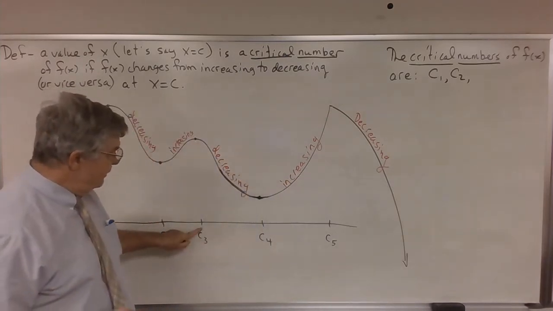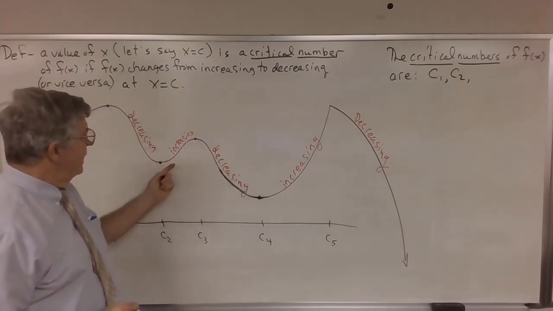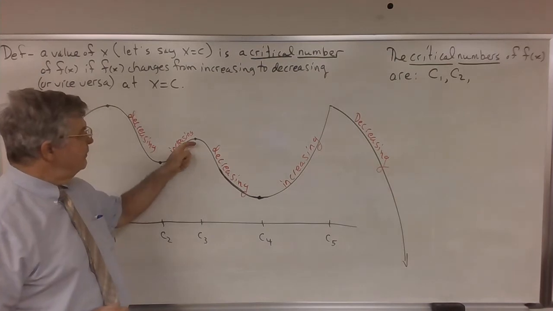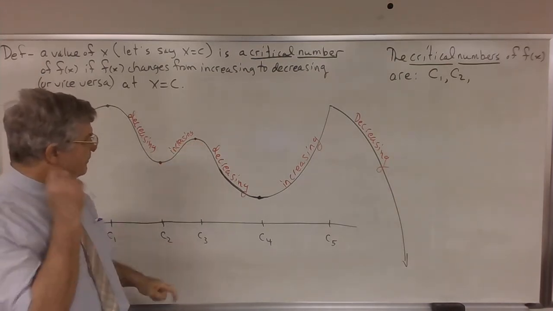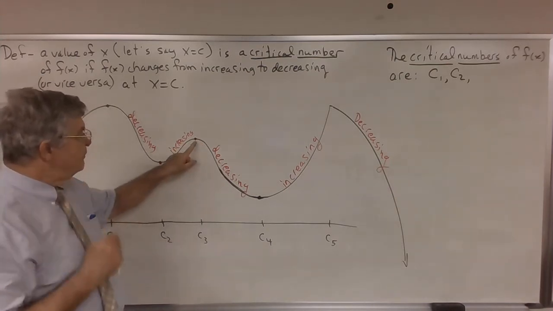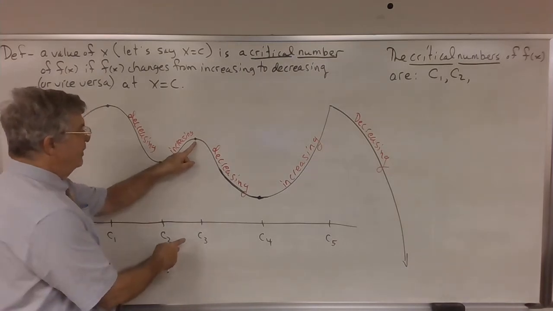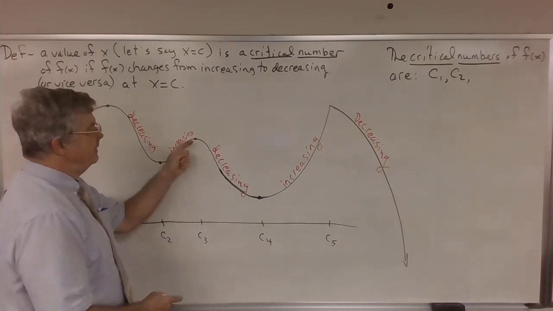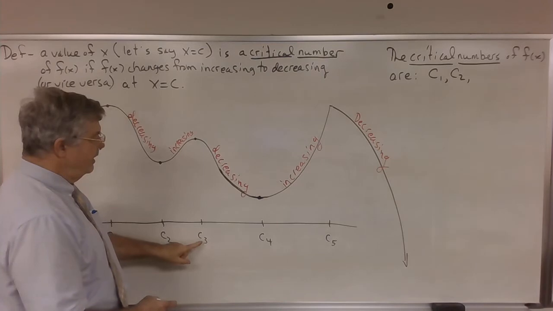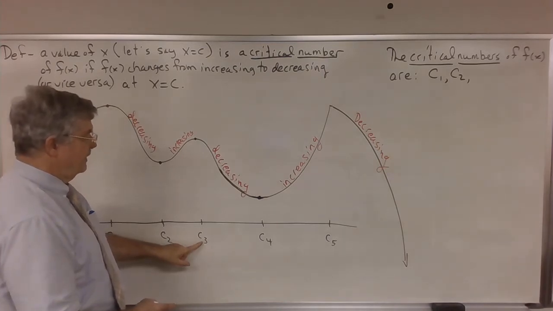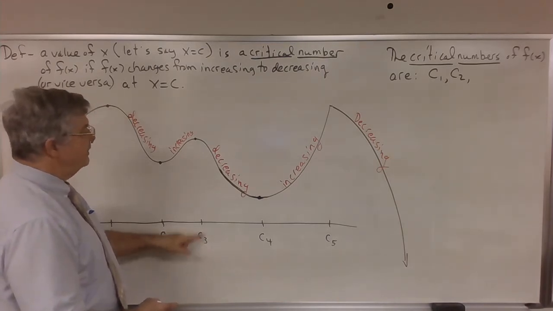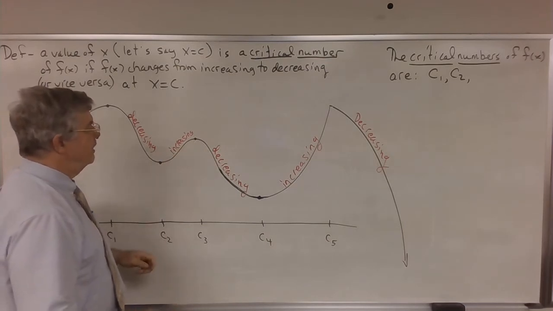And then right here at c3, f changes from increasing to decreasing. So the x value of this point, where the function changes from increasing to decreasing, is a critical number. x equals c3 is a critical number.